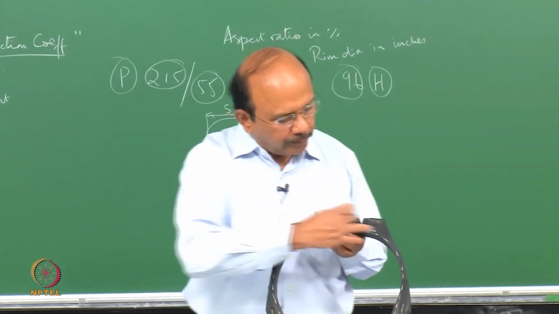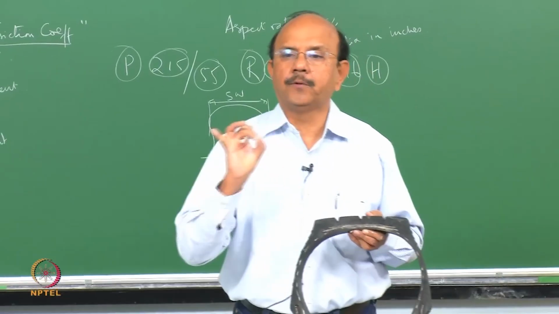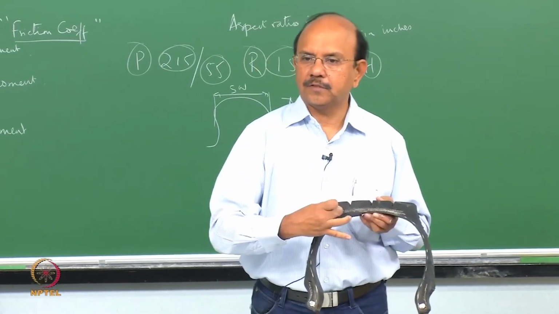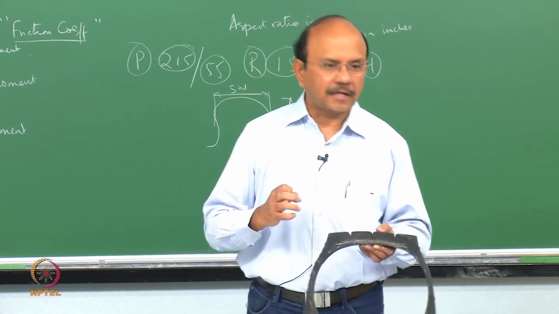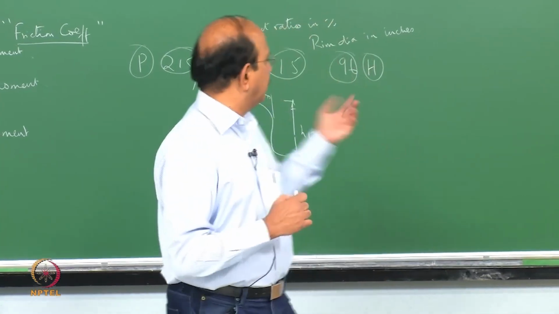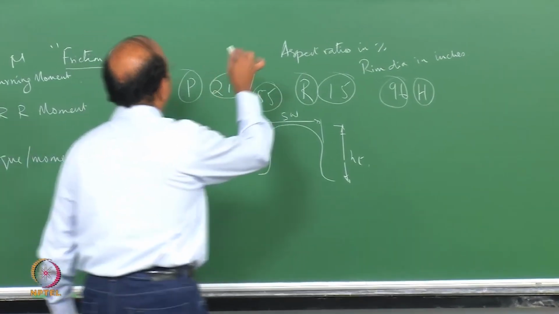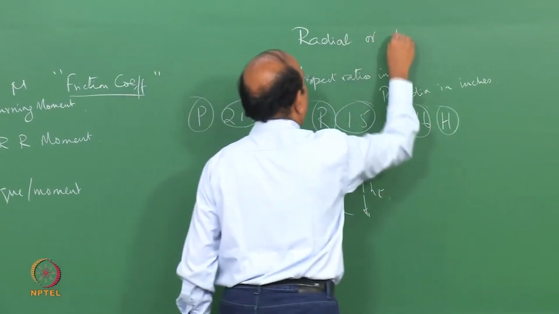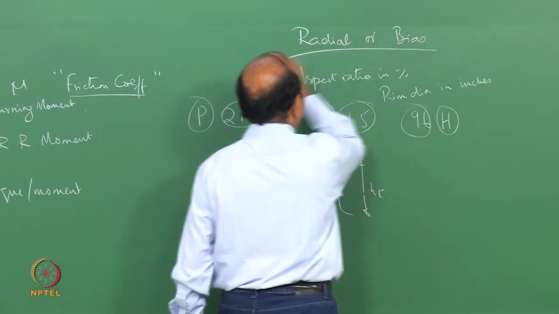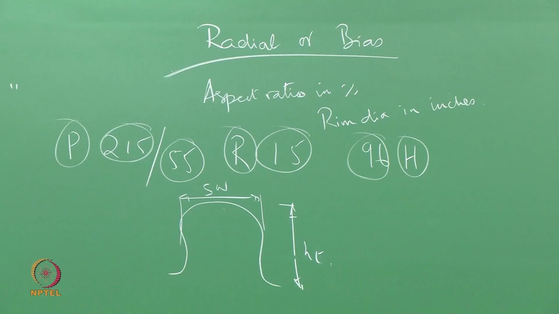The way the reinforcement is done, first of all, it's not pure rubber. It has reinforcements. The way reinforcements are done, tires are classified either as a radial tire or as a bias tire.